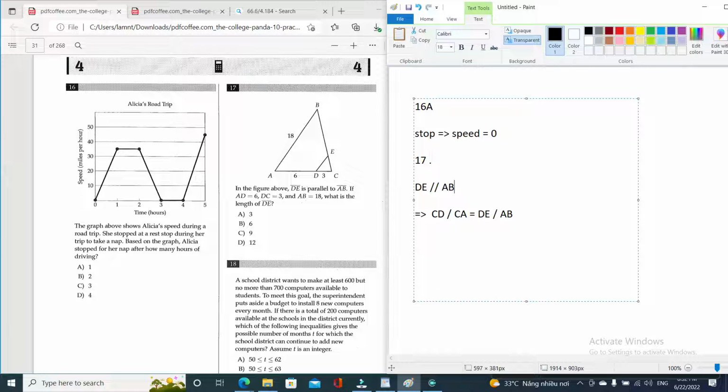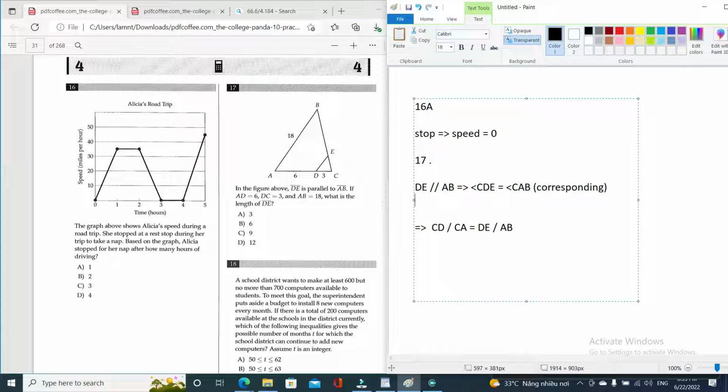Because DE is parallel to AB, angle CDE is going to be equal to angle CAB, because they are corresponding angles.